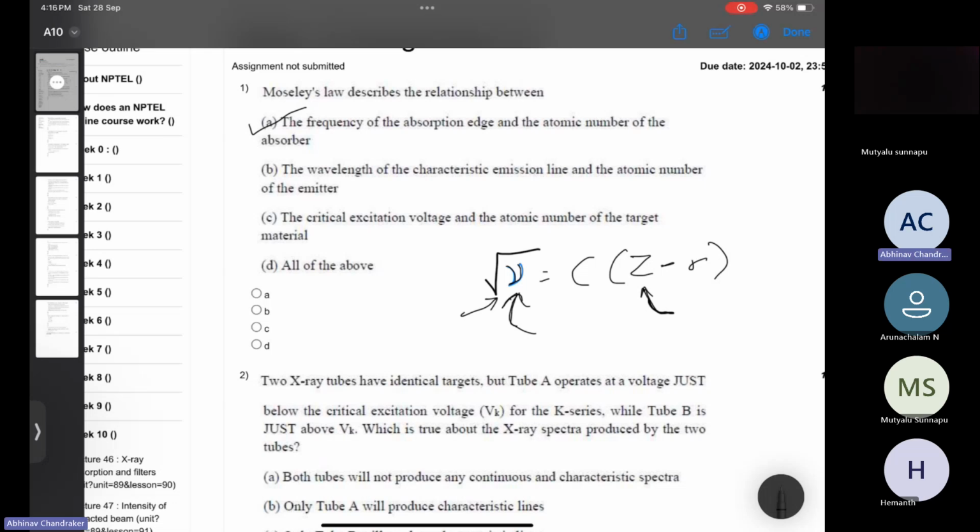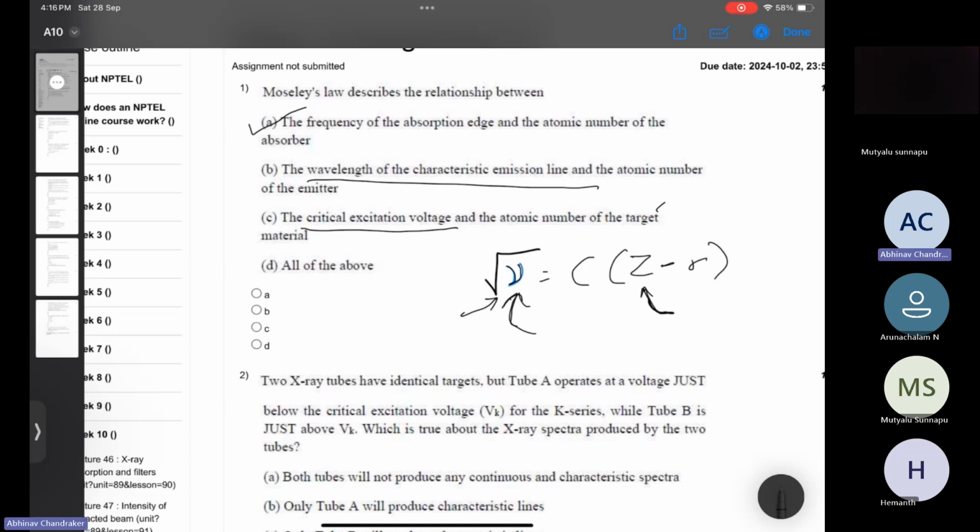But this will also be related to the wavelength of the X-ray which will be emitted due to de-excitation of the atom, and also it will be related to the critical excitation voltage of the target material.